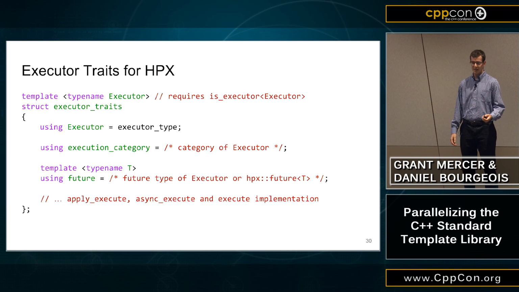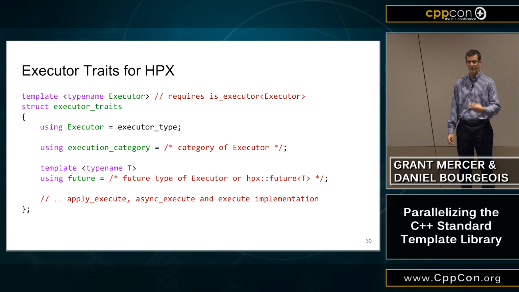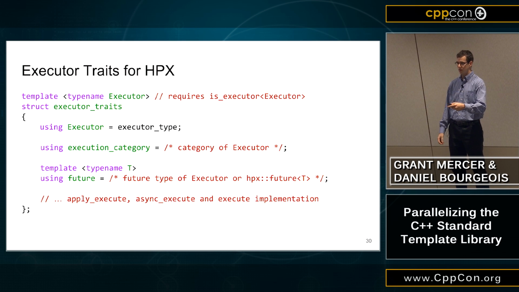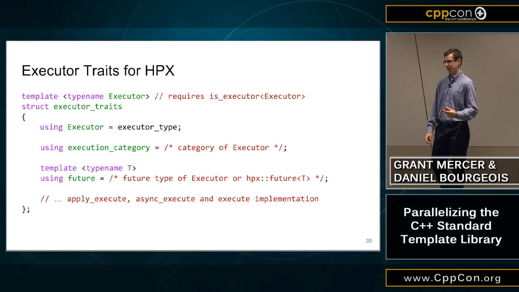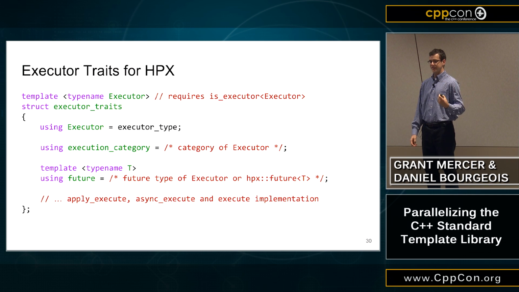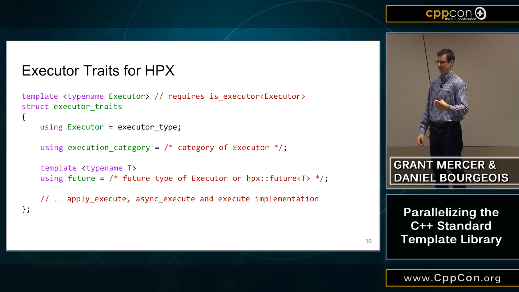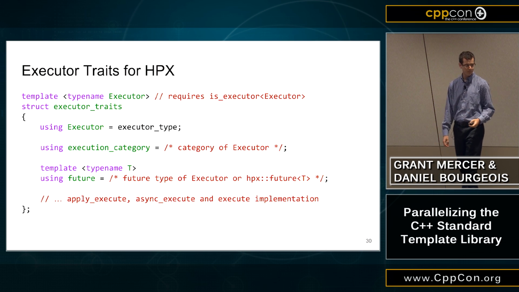It can be defined by the executor, but by default, it would defer to one of the defined futures. And we also implemented our async execute and execute. And in addition, there's apply execute. We just threw that in so that it uses the executor to call an apply function, which just sends off work, and it doesn't require you to know what the return of that is. And so you save any overhead you might have had from having a future.